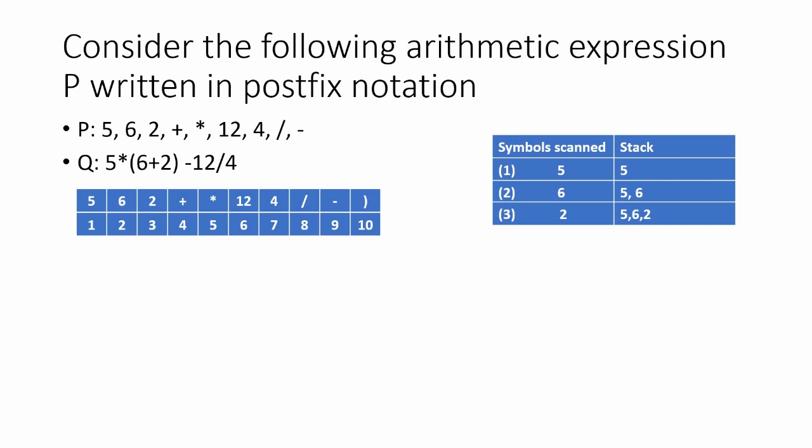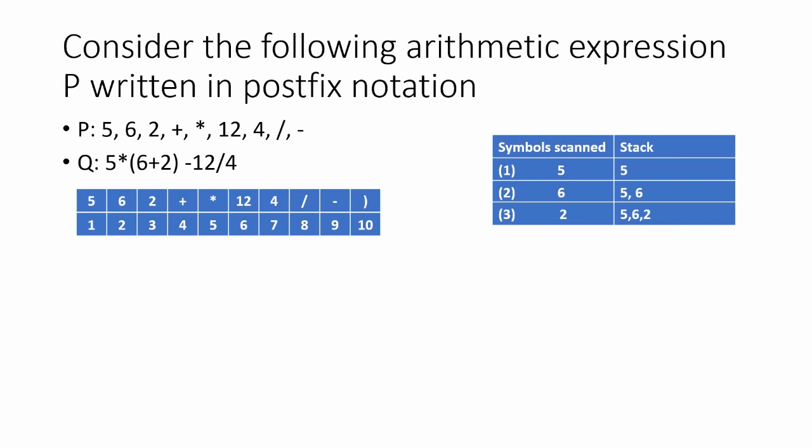Then the next character to be scanned is an operator. So what do we have to do now? We have to pop two operands from the stack, they will be manipulated, and the result will be placed back onto the stack. What we have now is a plus operator.